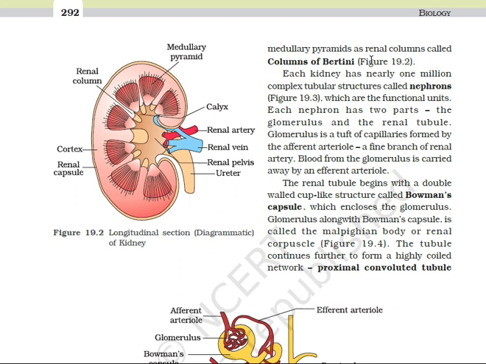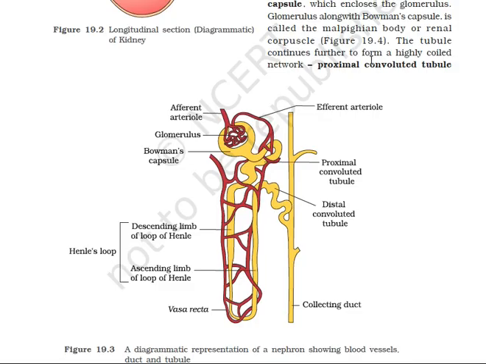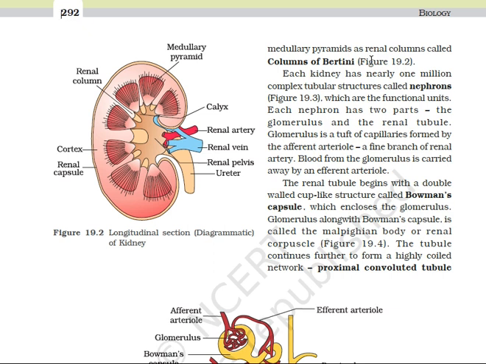So this way it's very important to learn about the tissues. In my previous lecture I had explained to you the various parts of the kidney, and now also I have explained the different parts present in the kidney. I'll just recall them with you.